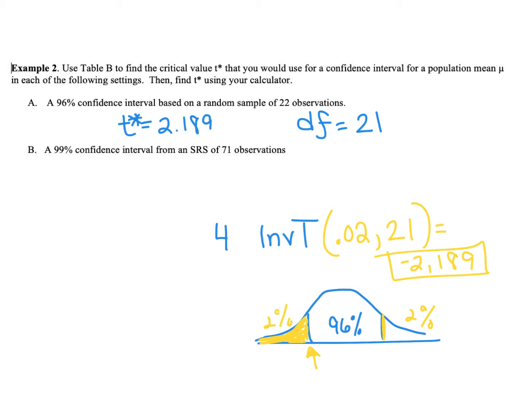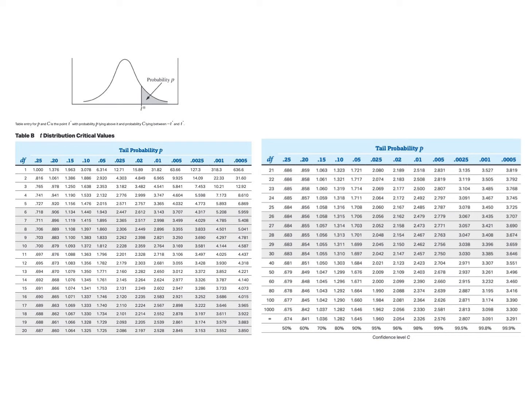All right, so let's look at a 99% confidence interval from a simple random sample of 71 observations. So that means our degrees of freedom would be 70. So let's look at how to use our table here. You'll notice that the degrees of freedom jump from 60 to 80 in your table.